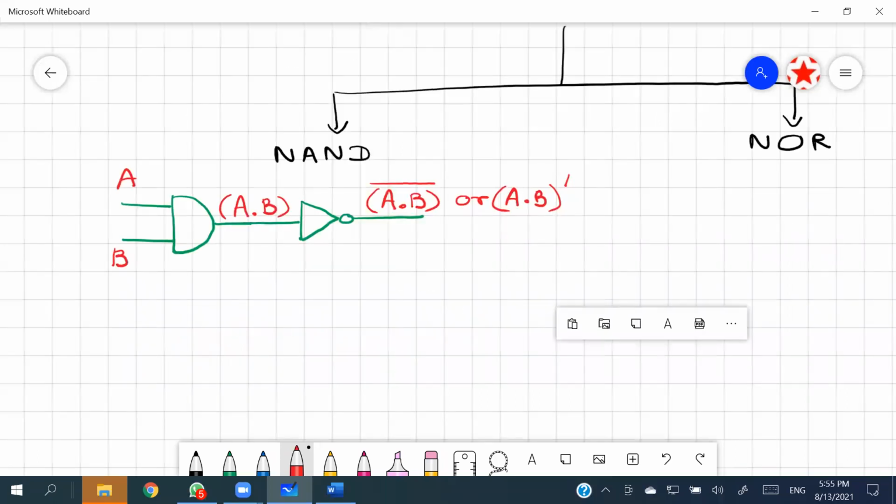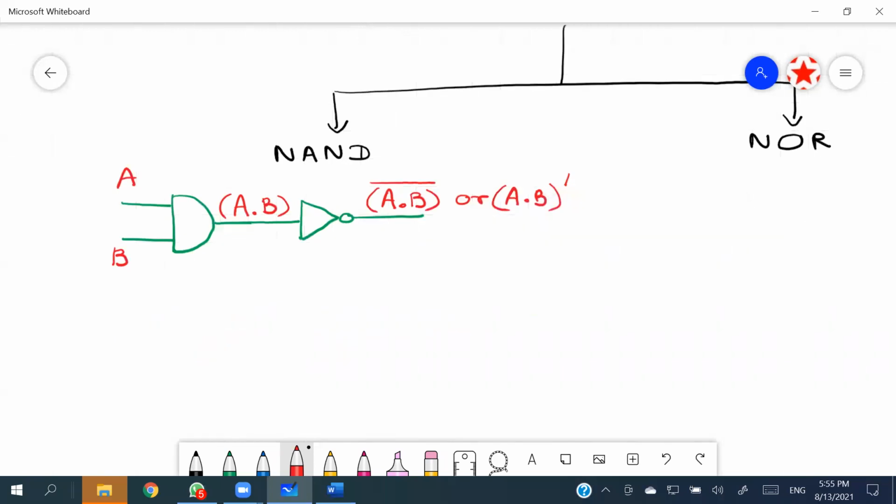But if you are asked to draw a NAND gate, this is not the circuit that you are going to draw. It has one single circuit, right? So that circuit can be drawn like this. It has two inputs, basically an AND gate and this circle from the NOT gate.